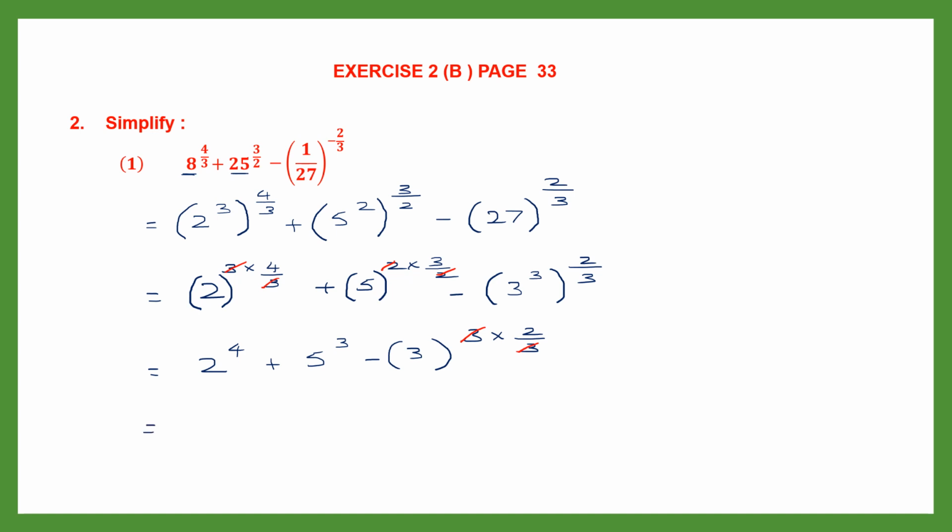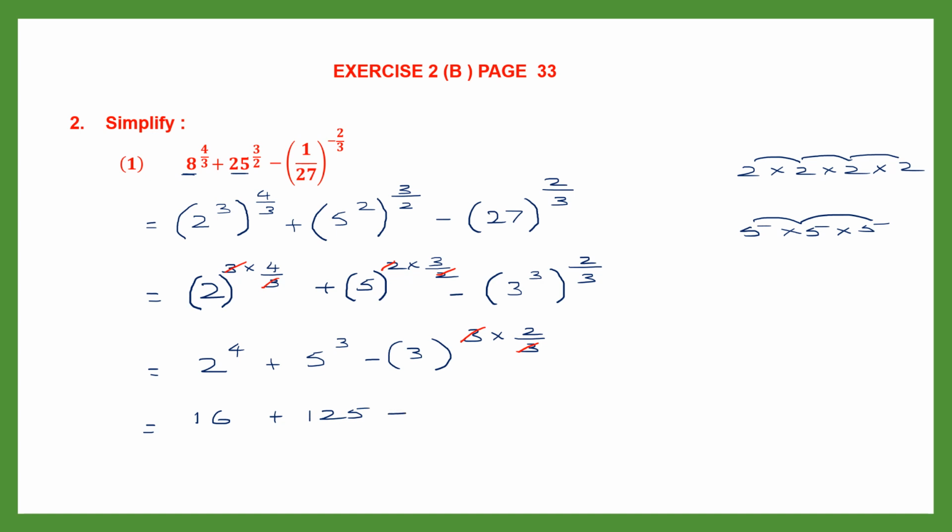2 to the power of 4 means 2 into 2 into 2 into 2. 2 2s are 4, 4 2s are 8, 8 2s are 16, plus 5 to the power of 3 means 5 into 5 into 5. That is 5 5s are 25, 25 5s are 125, minus, now 3 raised to the power of 2.